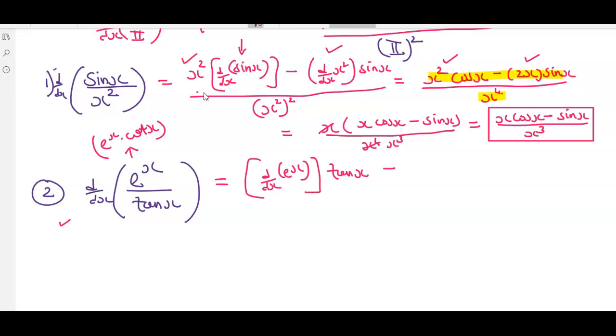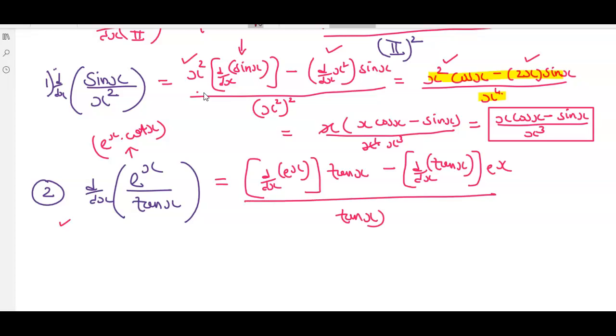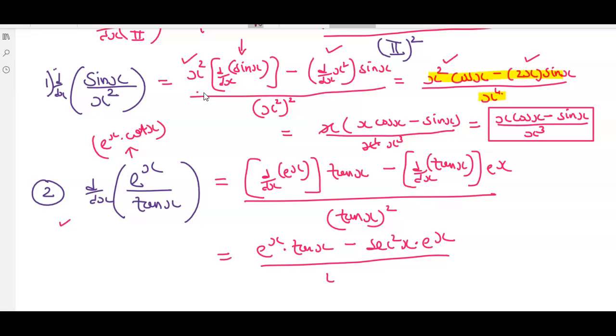tan x as it is minus d by dx of the denominator, that is tan x, and we have e to the power x and whole upon tan square x.